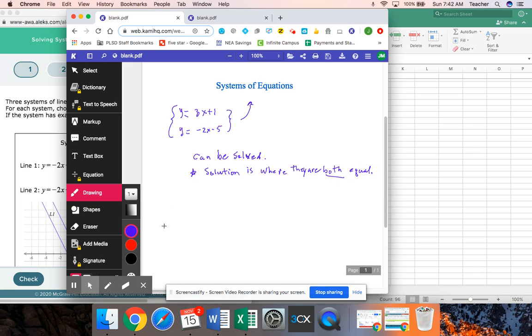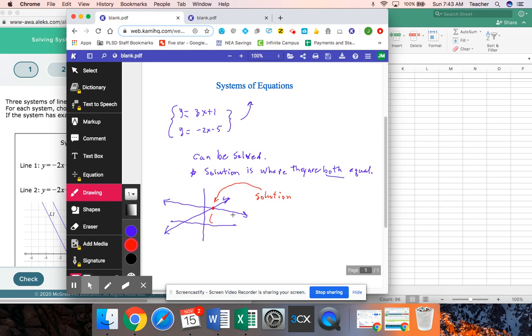All right. So I'm just making up an example here. If I had a graph and I drew a line, that was the equation of one line, and I had another line and they intersected, then that point right there where they actually meet, this point right here, that is the solution to that system.